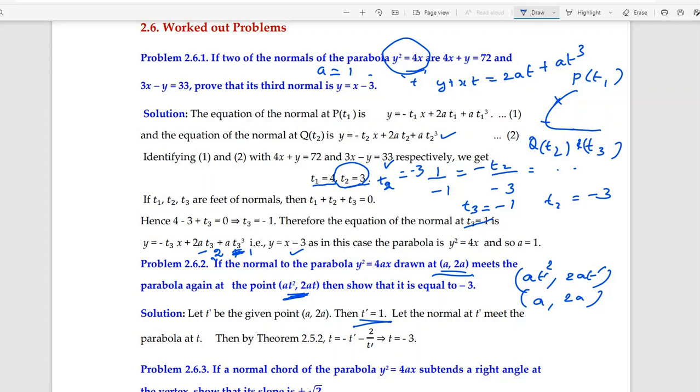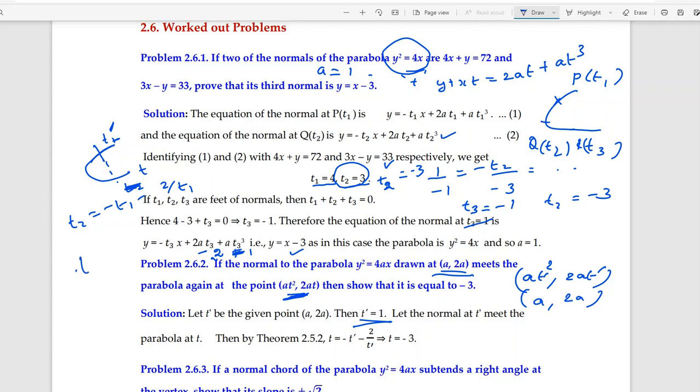Now we consider the normal at t prime meeting the parabola at the point t. Whenever we have a parabola and the normal at t1 meets the parabola at t2, the relation between these two is t2 is equal to minus t1 minus 2 by t1. So here we have the normal at t prime meets the curve at t.